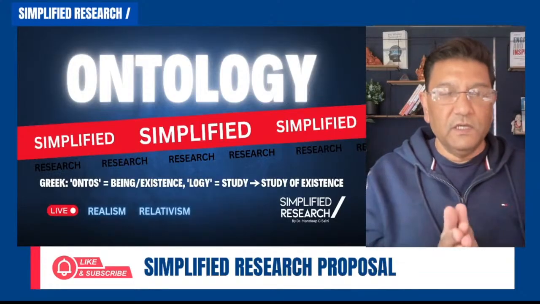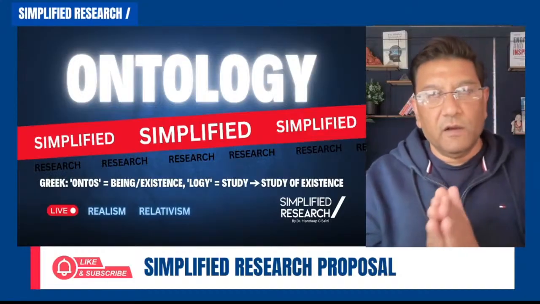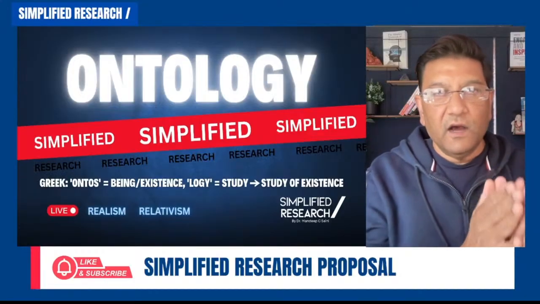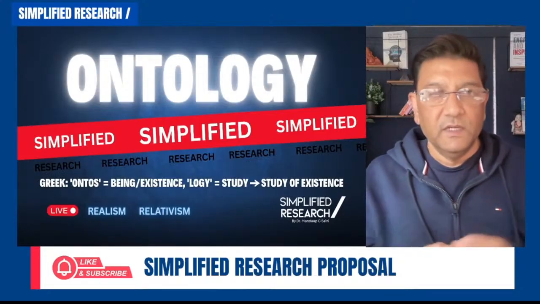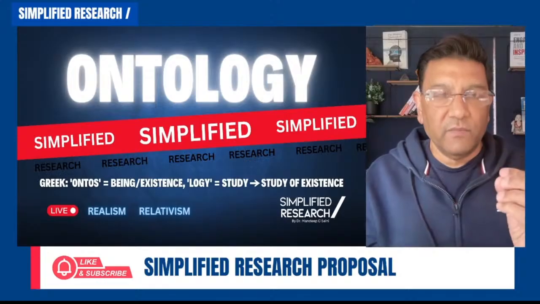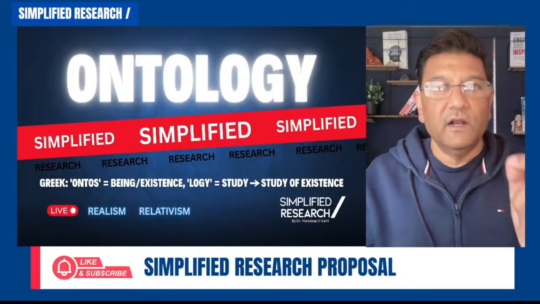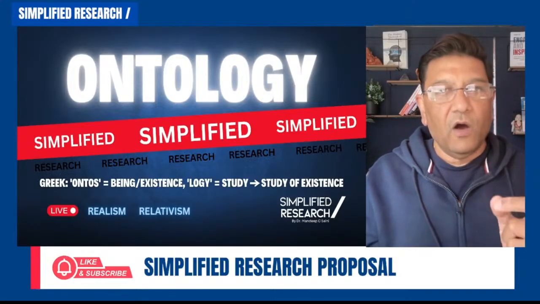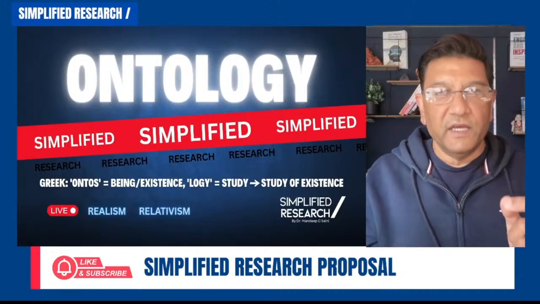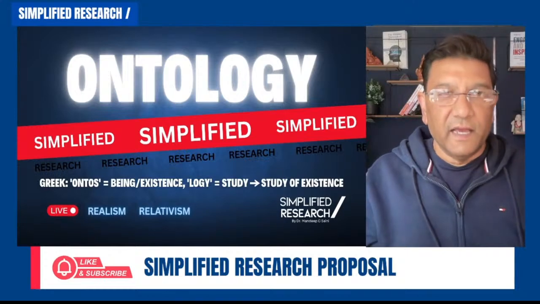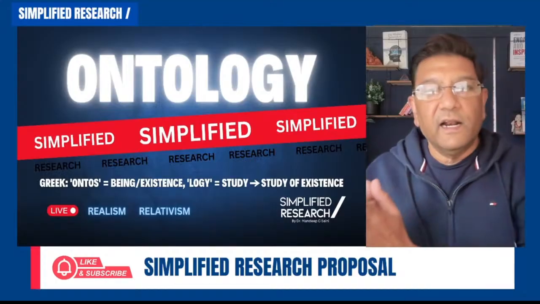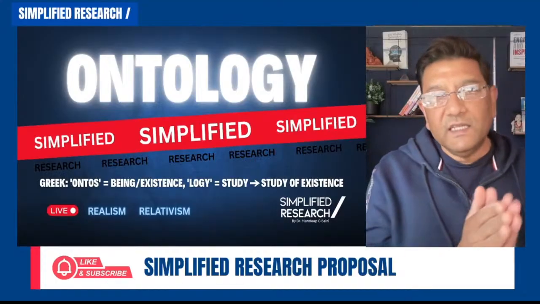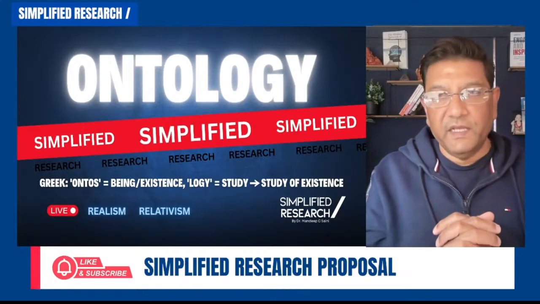In philosophy, we were talking about the love for knowledge, love for wisdom. So if you have love for wisdom, how are you going to make sure whether the wisdom is real or relative? What do realism and relativism mean here?